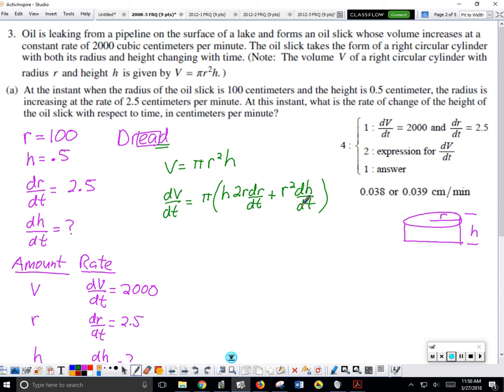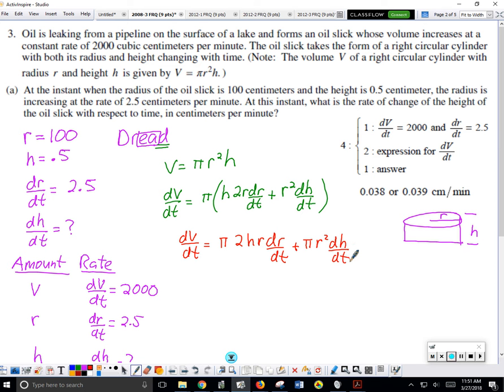So I need to isolate that. That means I have dV/dt is going to equal, I've got to distribute the pi, 2hr dr/dt plus pi r squared dH/dt.